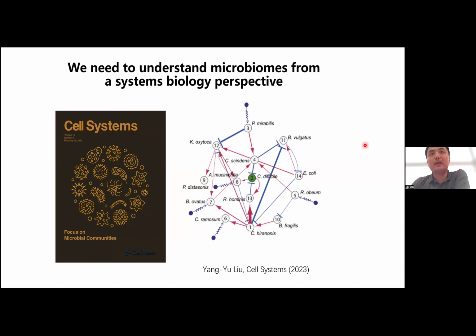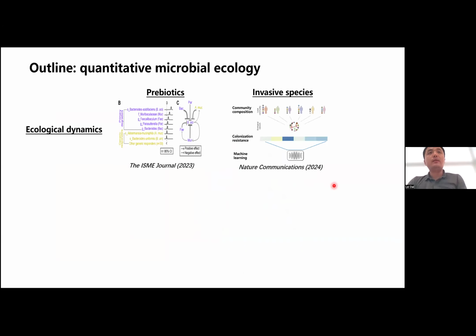So it's a systems biology perspective, similar to systems biology at the molecular level, where people started to realize that we need to understand and control protein-protein interactions. In this case, microbial interspecies interaction really matters if we want to understand and control the function of the microbiomes. So in this talk, I want to illustrate some of our efforts on quantitative microbiology.